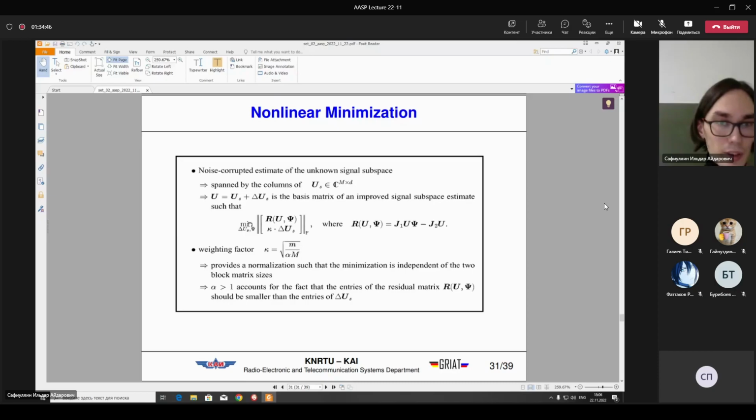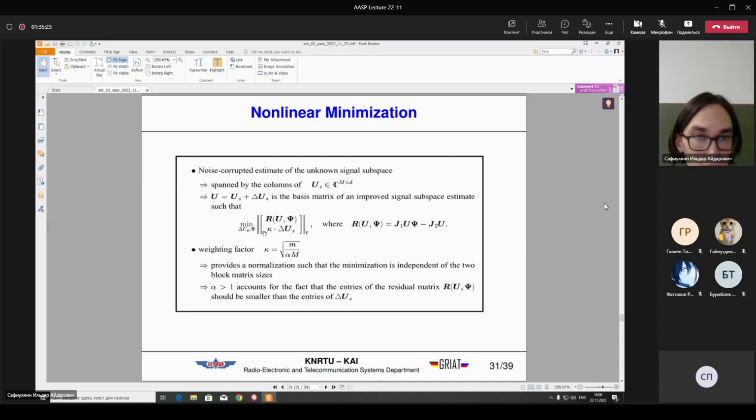And here you can see, we need to minimize this type of matrix. Here we concatenate this matrix R, which is called the residual between the first selection matrix and the second selection matrix.